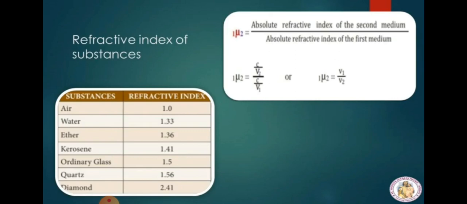The refractive index of the second medium is C by V2, and the refractive index of the first medium is C by V1. Otherwise you can write mu is equal to V1 by V2 because C and C are going to be cancelled. Thus the refractive index of one medium with respect to another medium is also given by the ratio of the speed of light in the first medium to the speed in the second medium.